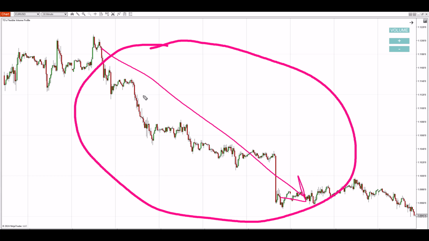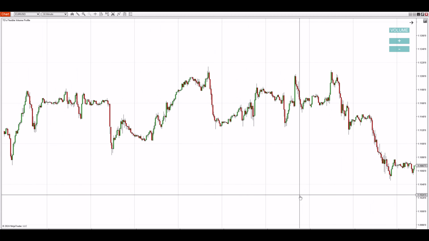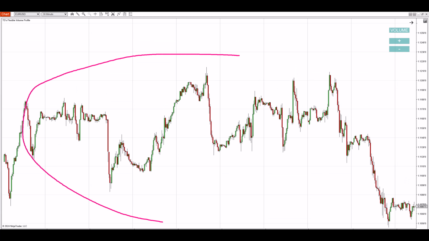But the problem with this is that this is rarely the case, because this is not how the market usually looks. This is not very typical. In fact, you won't really see a strong trend without any pullbacks like this one very often. What's way more common is the market moving more like this.